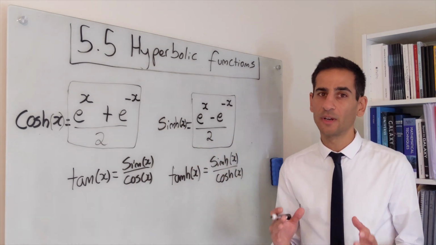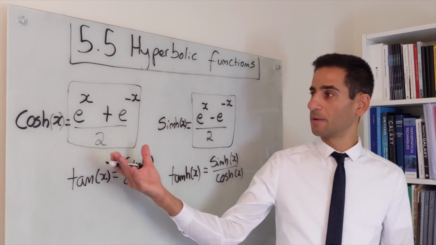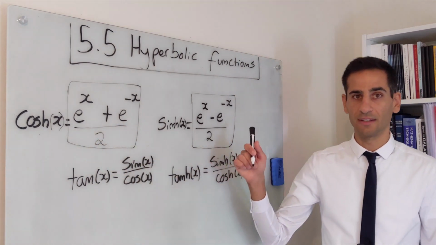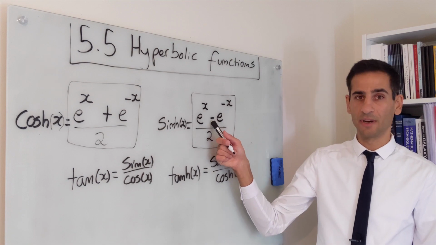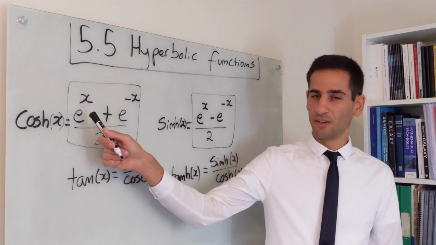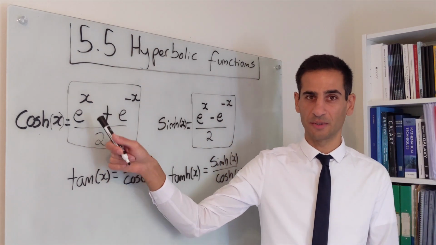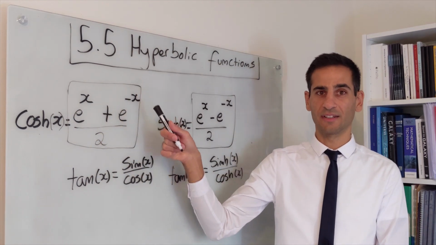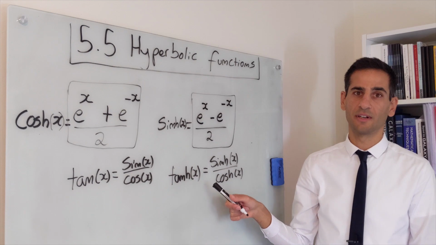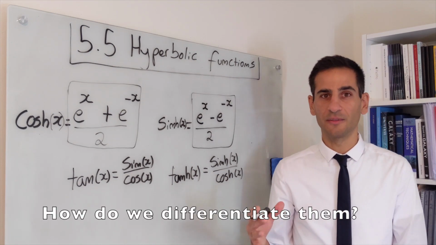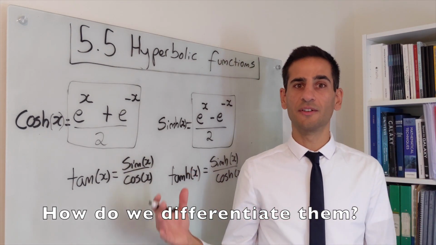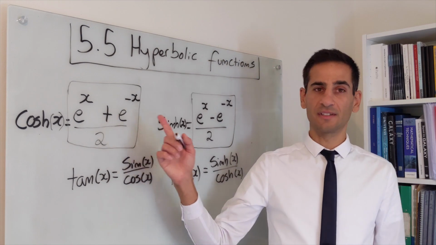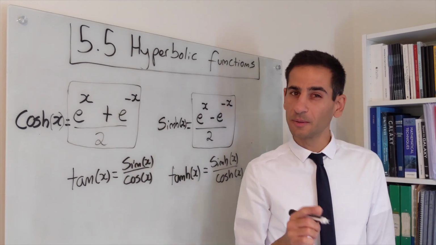What I would really recommend for you to do is to remember the definition of hyperbolic cosine, that's with a plus, and the hyperbolic sine, minus, and just think the obvious simplest exponentials are the one with an x, and then after that the one with minus x, and you can always derive all others. The other really great news is that these functions are incredibly simple to differentiate because it's all about differentiating exponential functions.